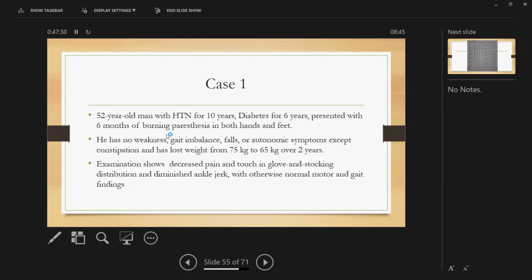Small fiber, because you don't have vibration loss in the joints. You should always look at the vibration and joint position sense. Loss of pinprick sensation can be seen in small fiber as well as large fiber neuropathy; that is not a unique feature for small fiber.